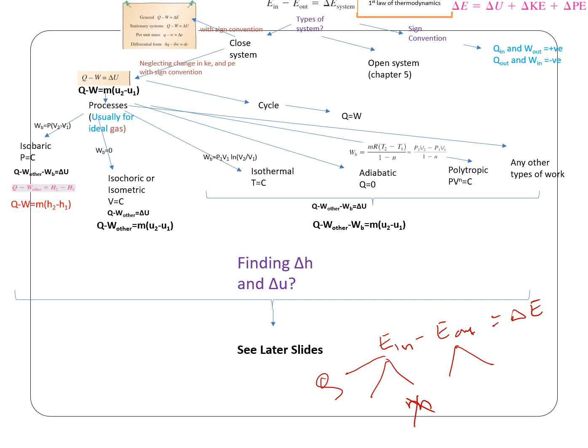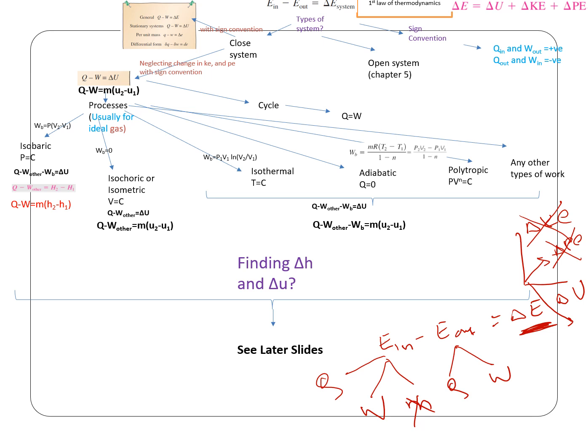Same is the case here, Q and W. The possible changes in energy are change in kinetic energy, change in potential energy, and change in internal energy. And you don't have flow work in the closed system. In most cases, change in kinetic energy and potential energy are neglected in a closed system.